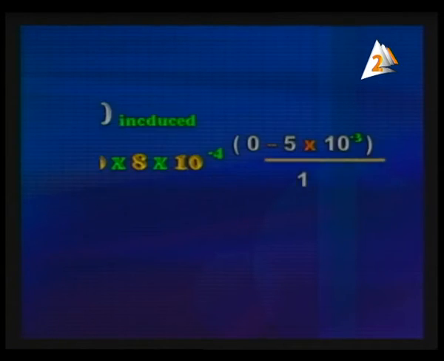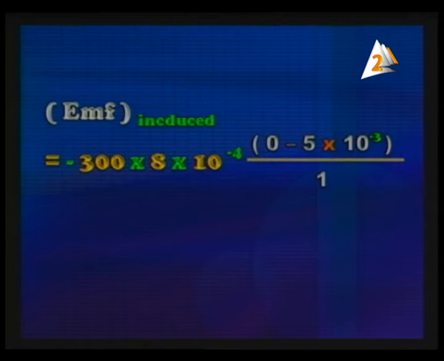So EMF induced is equal to negative 300, the number of turns, times the area of the coil, 8 centimeters squared, converted into meter squared by multiplying by 10 to the power negative 4.